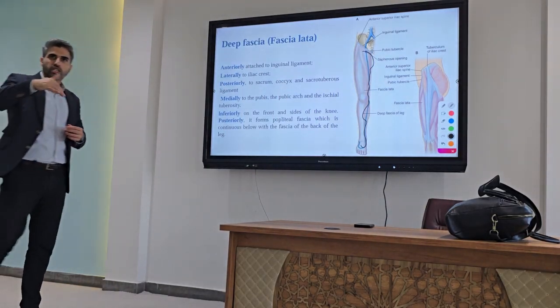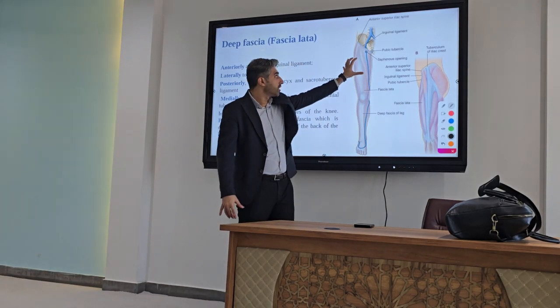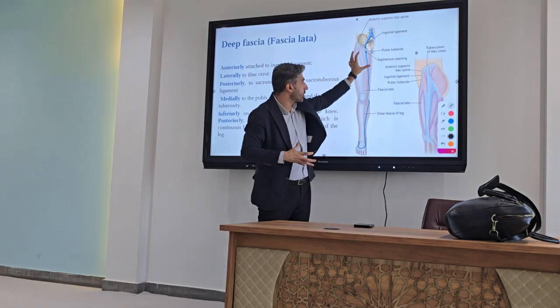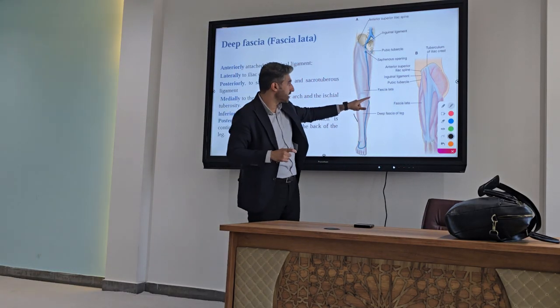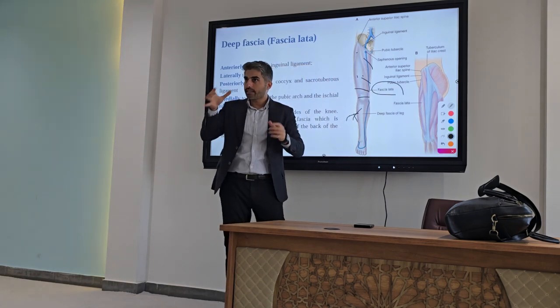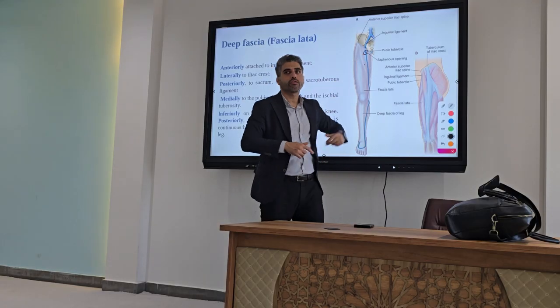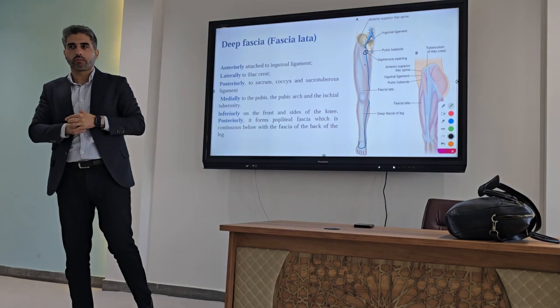So, let's check again. I told you, the deep fascia covers the muscles in the lower limb. In the thigh, it has a name. We say fascia lata. This deep fascia has one foramen, the saphenous opening. Which structure passes through this foramen?